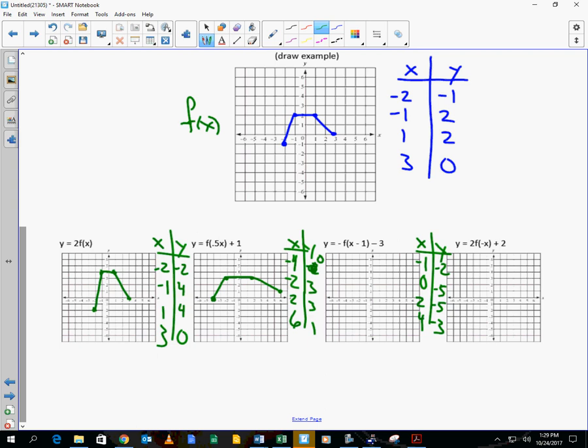I'm going to plot these. What's that? Right here. So we're applying the negative.